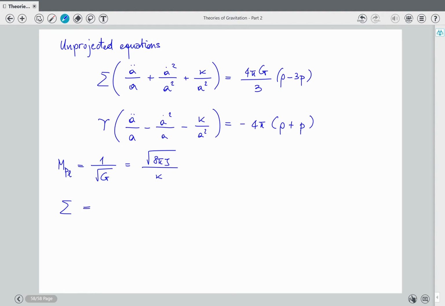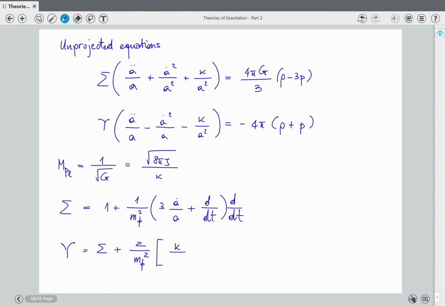Sigma is equal to 1 plus 1 divided by the mass of phi squared, 3a dot divided by a plus d over dt, d over dt. And epsilon is sigma plus 2 divided by m phi squared, k divided by a squared.